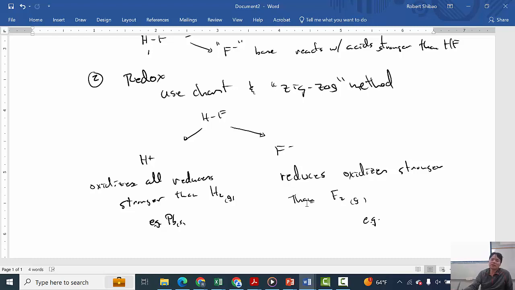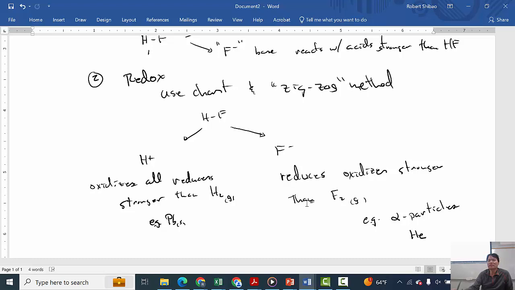A more exotic example is there's a stronger oxidizer than fluorine. It's called alpha radiation or alpha particles. Alpha particles are extremely strong oxidizers, stronger than fluorine. And what makes them so strong is their helium.